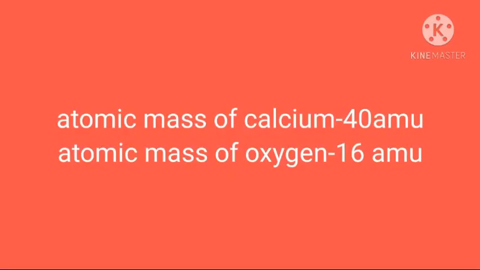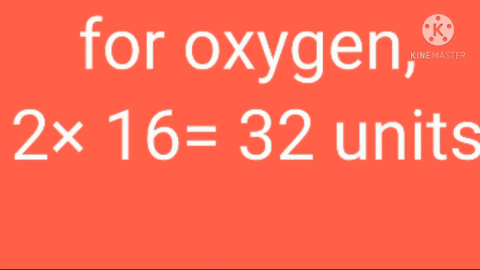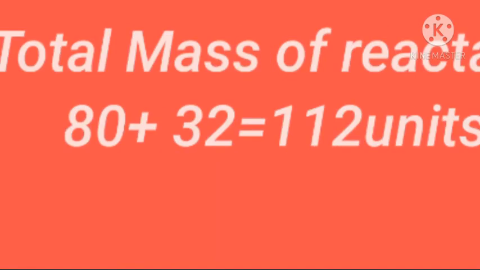The atomic mass of calcium is 40 atomic mass units and the mass of oxygen is 16 atomic mass units. For the above example, the total mass of calcium taking part in the reaction is 2 into 40, equal to 80 units. And for oxygen, it is 2 multiplied by 16, which is 32 units. The total mass of reactants is equal to 80 plus 32, which is 112 units.